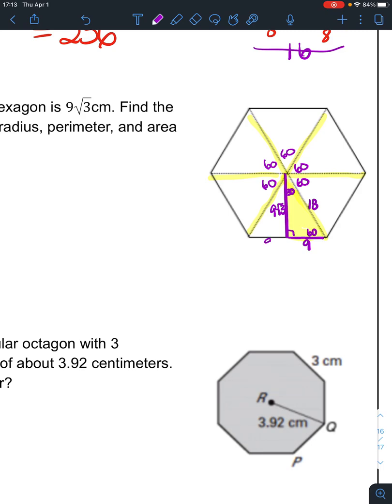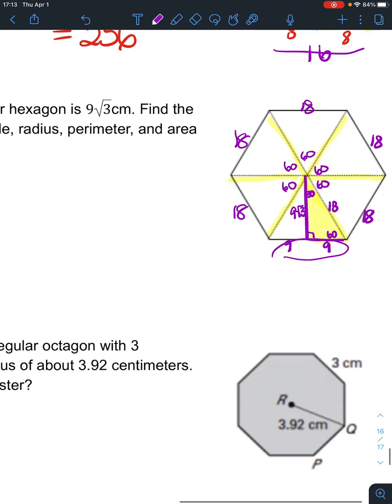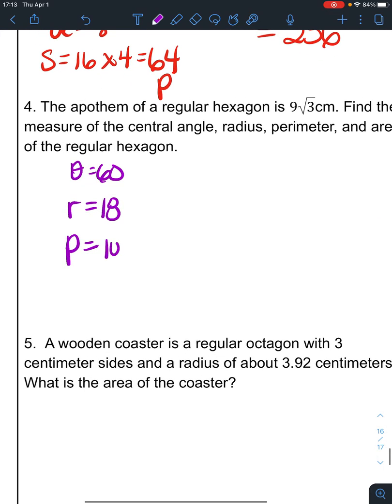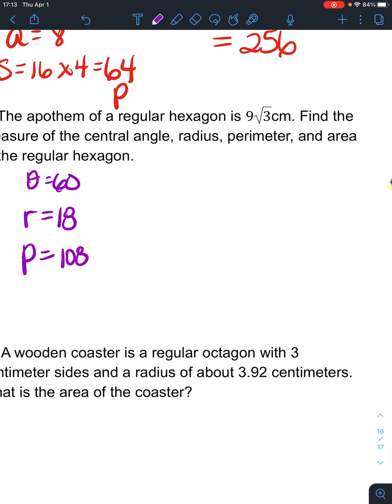So I'm asking for the perimeter. Well, if that piece is 9, then this piece is 9, which means that the whole side is 18. So it's 18 all the way around. So 18 times 6 is 108. So the perimeter is 108, and we want the area. So area is 1/2 the apothem, which was 9√3, don't forget that was given, times the perimeter, which is 108.